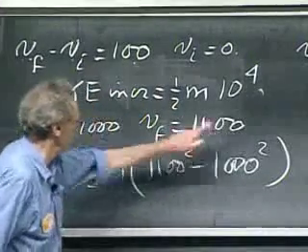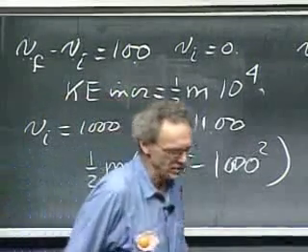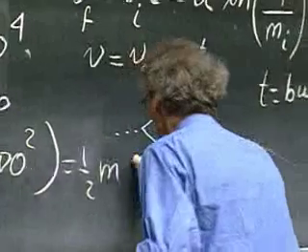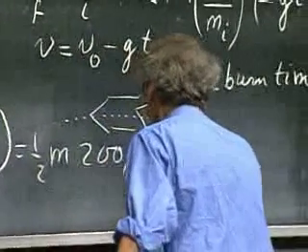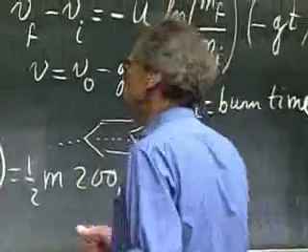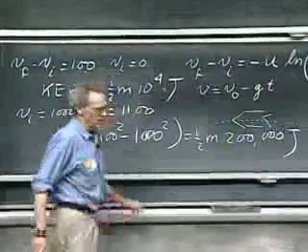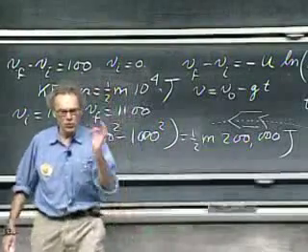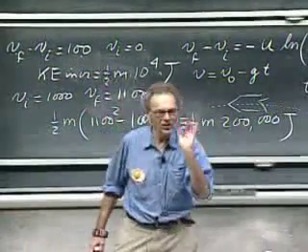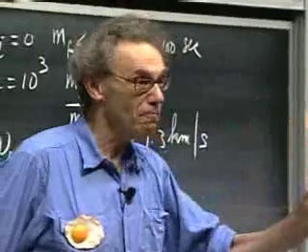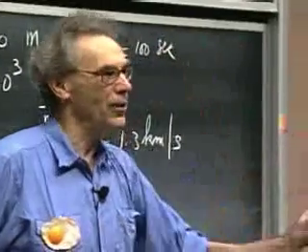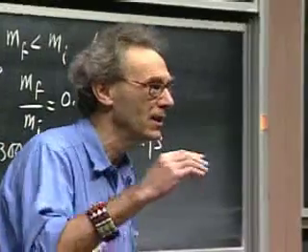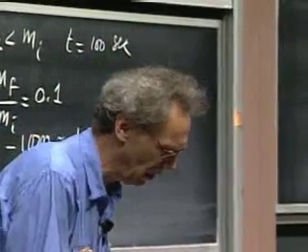This is the new velocity, and this was the old one. And this number is 1/2 m times 200,000. This could be in joules, and this is also in joules. This number is 20 times higher. So you see that the change in velocity was exactly the same. The rocket burned the same amount of time, the same amount of fuel, but the kinetic energy increase is way more if the rocket has a higher speed to start with.